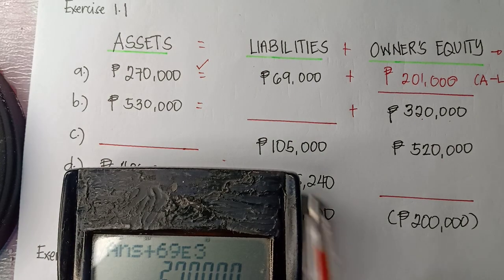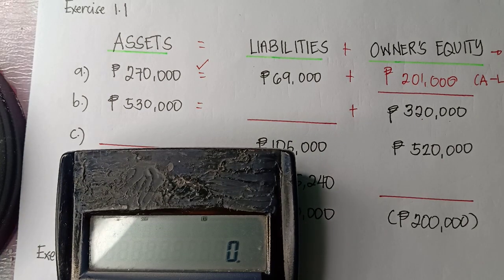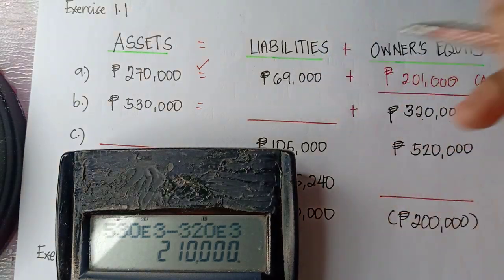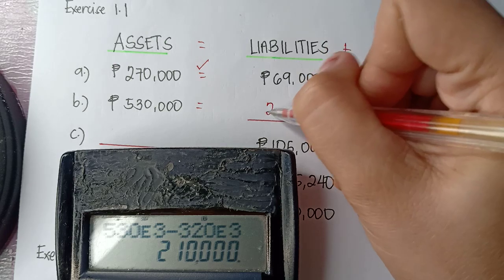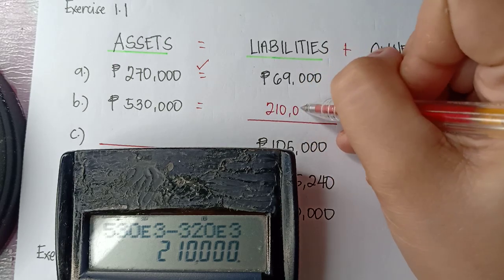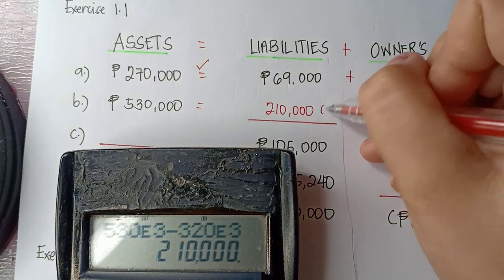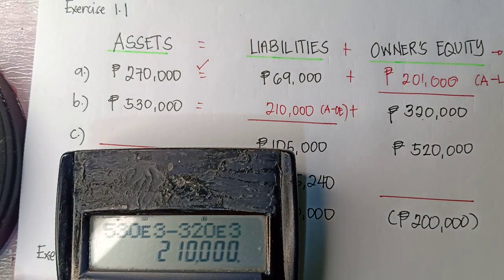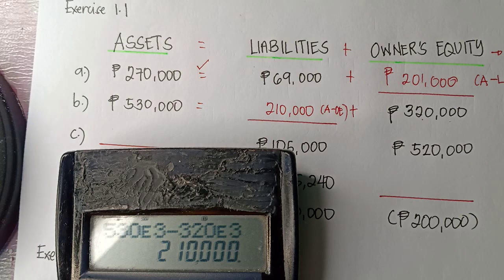We have assets of 530,000 less the owner's equity of 320,000. So our liabilities is equal to 210,000. So, assets minus owner's equity. Assets less owner's equity.